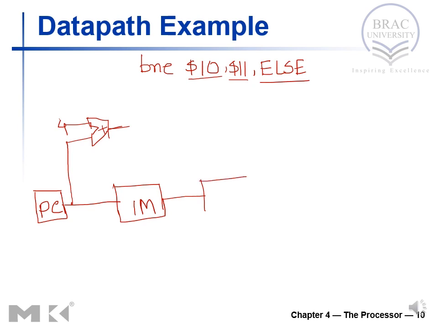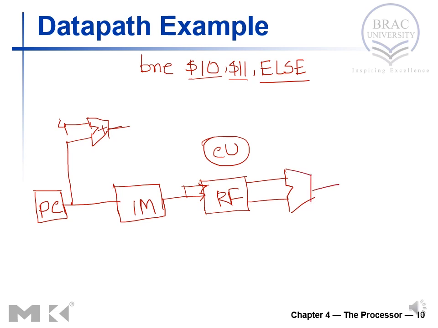Next component is our register file. So we will need to select two registers in the register file, and let's say we have a control unit here. From register file the value of the register will go to ALU, and ALU would identify whether they are equal or not equal, and based on ALU's output, decision will be made.